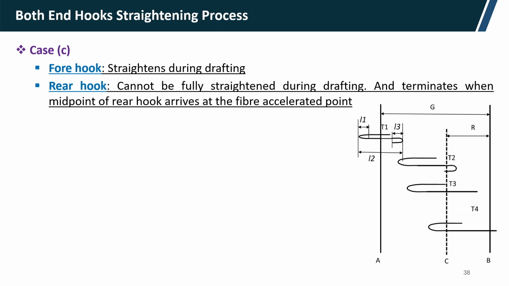Now, the rear hook, that is the trailing hook, cannot be fully straightened during drafting, because it reaches later. The body part reaches later, and straightening terminates when the midpoint of the rear hook arrives at the accelerating zone. As the rear hook is the longer fold, it cannot be completed properly, because the midpoint will reach early, and the hook will move along with the body.